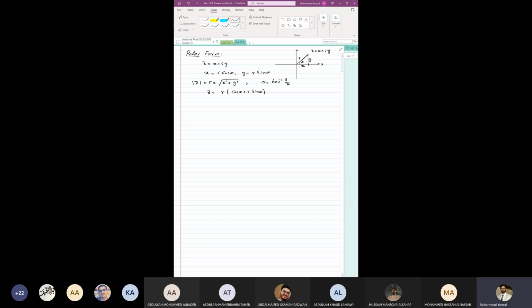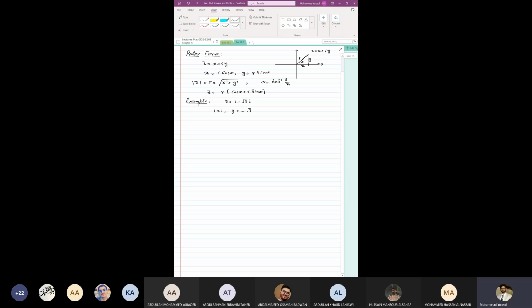And let us see some examples. If we have z equal to 1 minus square root of 3 i, which means that x is equal to 1 and y is equal to negative square root of 3.